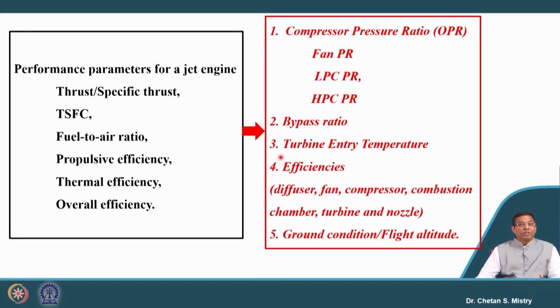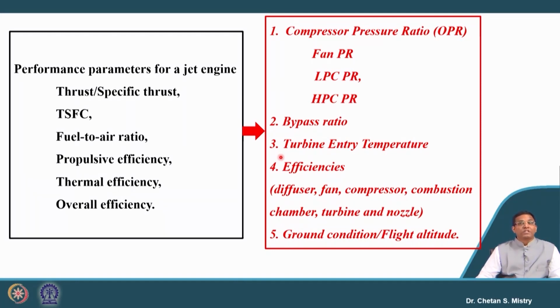Since this is a numerical where we are considering only a single spool configuration, we are not differentiating between LP compressor and HP compressor. Suppose it is a 2 spool configuration, then we will have the LP compressor and HP compressor also coming into the picture. One more important parameter for a turbofan engine is bypass ratio. We will see the impact of this bypass ratio on overall performance.